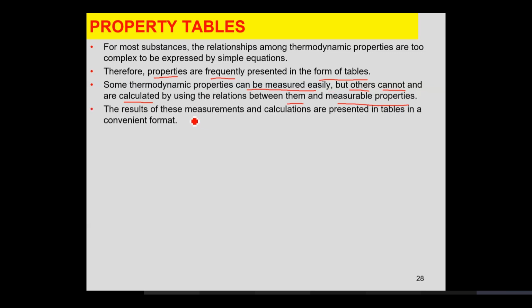The measurable properties as well as the calculations based on these measurable properties for non-measurable properties are both presented in tables in a convenient format so that you don't have to perform the experiment to measure the measurable properties nor perform calculations using complex equations to calculate the non-measurable properties.